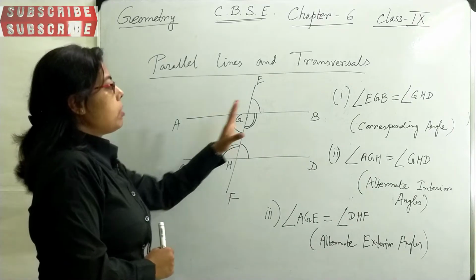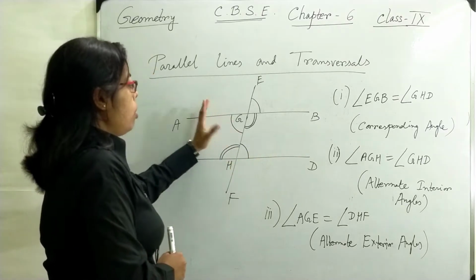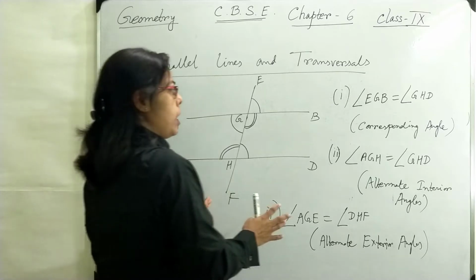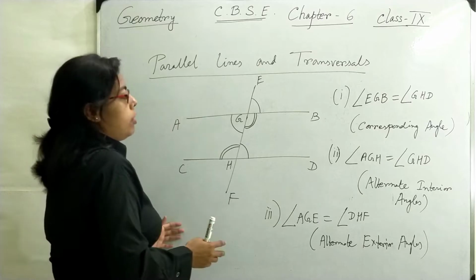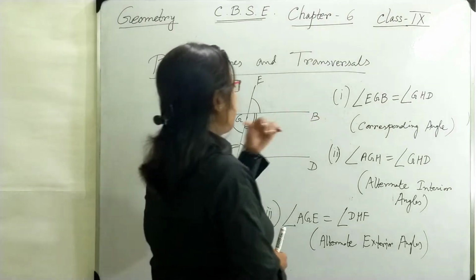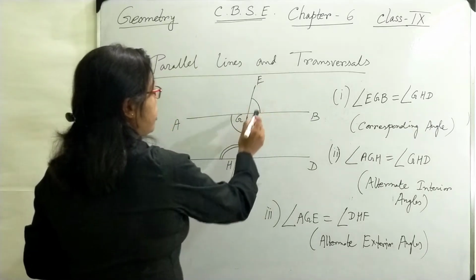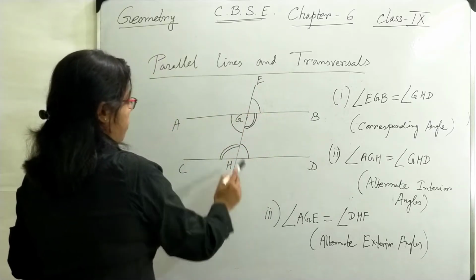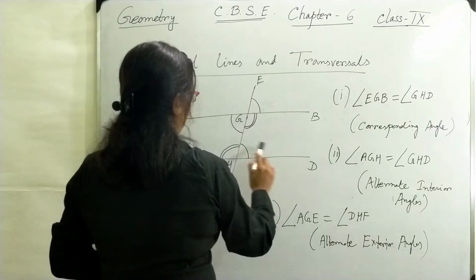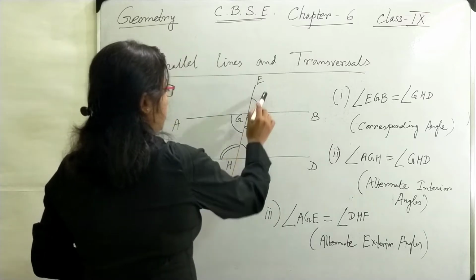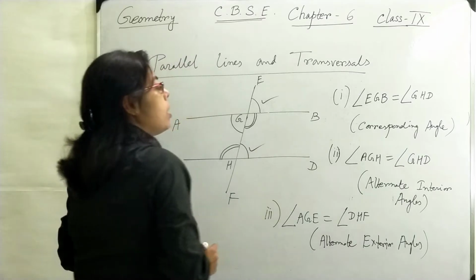I am giving an example of each type, only one, and you just see it and understand it properly, and if you have any confusion, then you may comment to me. Now number 1, angle EGB equals angle GHD.